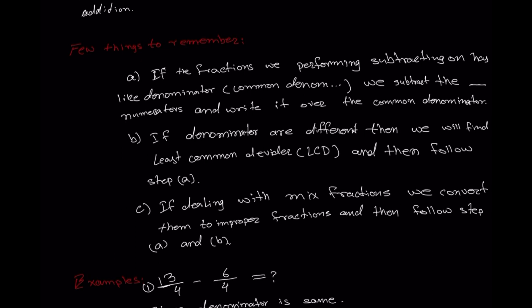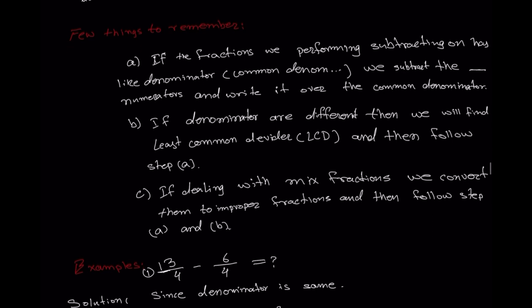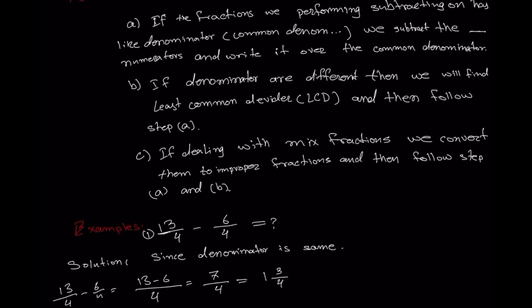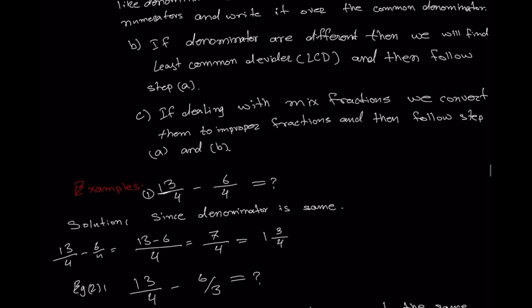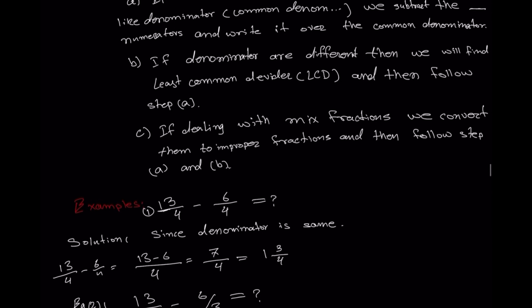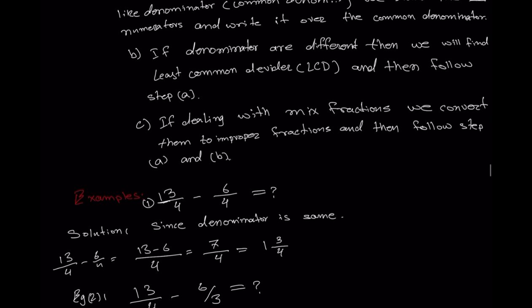If the denominators are different, then we will find the least common denominator, or LCD, and then follow step 1. If dealing with mixed fractions, we will convert them to improper fractions and then follow steps A and B.